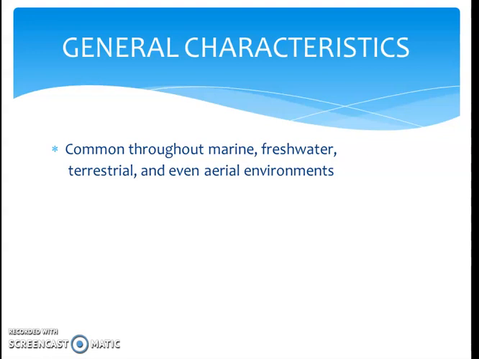They can be found in saltwater. Marine means saltwater. They can be in freshwater. They can be terrestrial, land animals, and even some arthropods are aerial. They are found in the air also. They can fly as well. So taking into consideration this general property of the arthropods, we can say they are found almost everywhere.